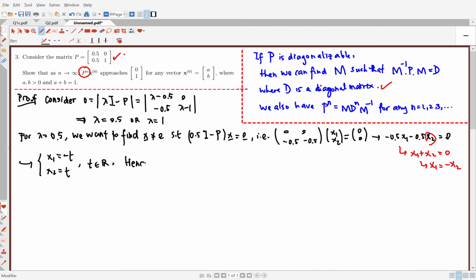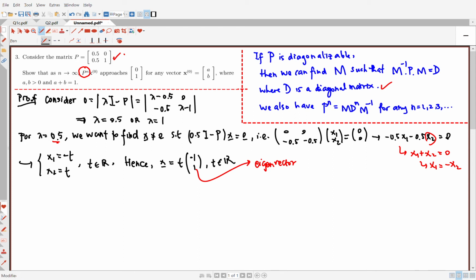Hence, we have found our x, which is t times (minus 1, 1), where t is a real number. So we can take this as our eigenvector for lambda equal to 0.5.